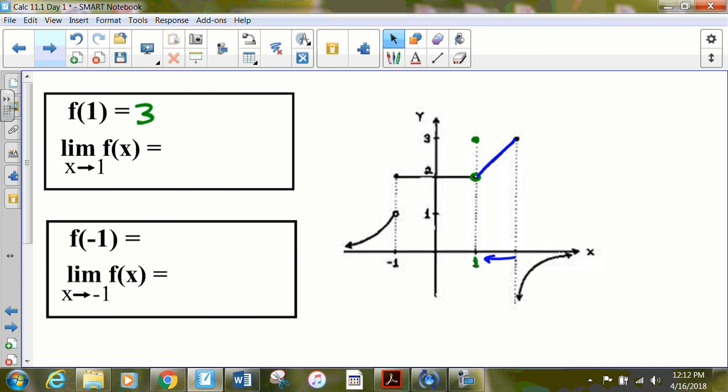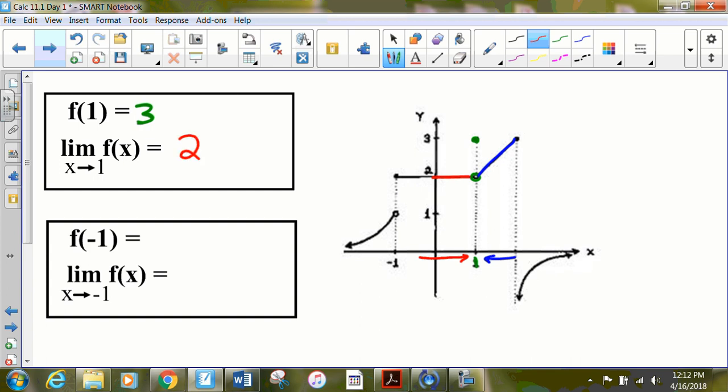Same thing as x approaches 1 from the left, y is constant and just staying at 2. So the limit of this function as x approaches 1 is 2, but f of 1 is 3. I know it might make your brain hurt, but we're doing this to show the difference between these two things, and we'll talk about that in the next few lessons. We'll make a big deal of this because it is a big deal.